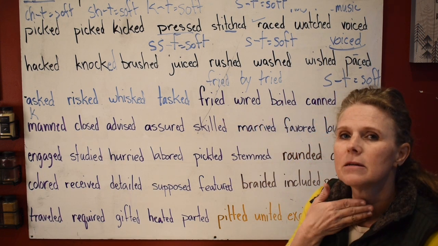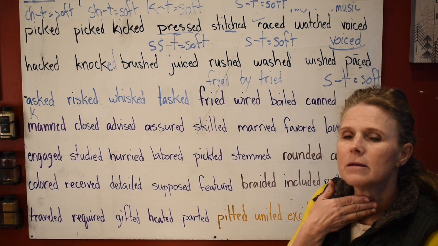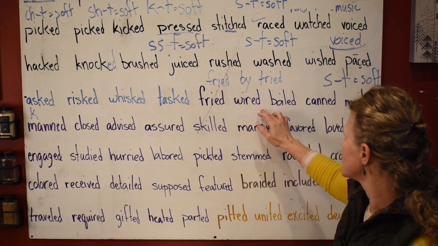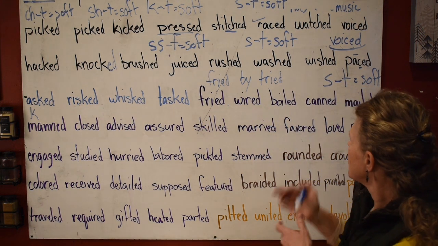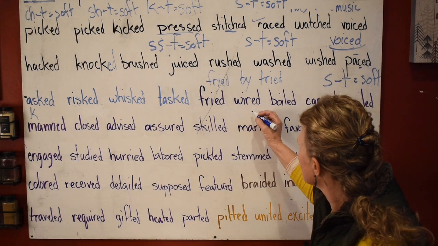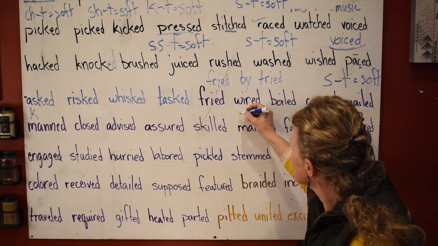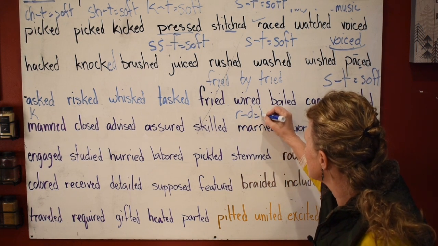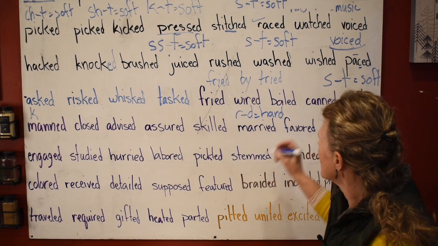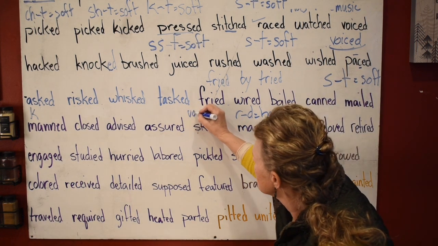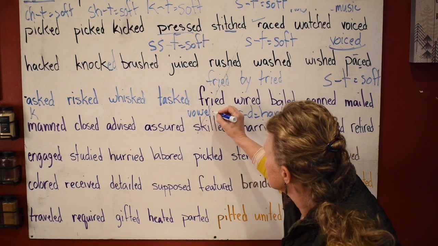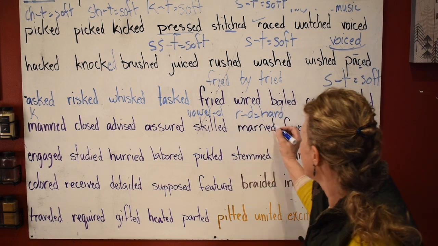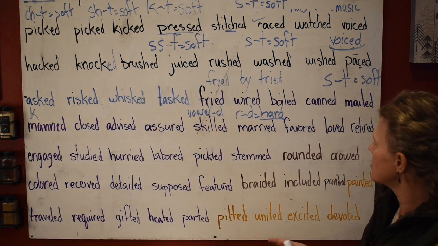See, I-E, A-E, I. They're all vibrating your voice. The vowel goes to the D sound and it equals hard. The vowel is the D sound and it's a hard sound.